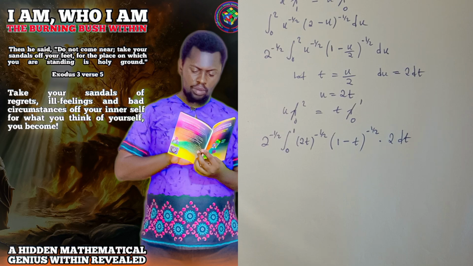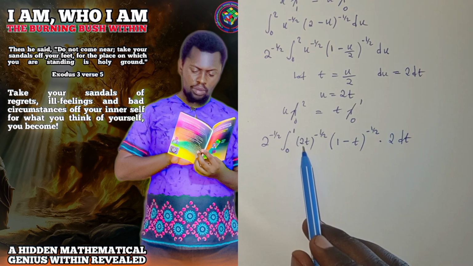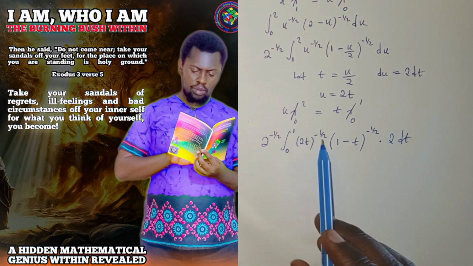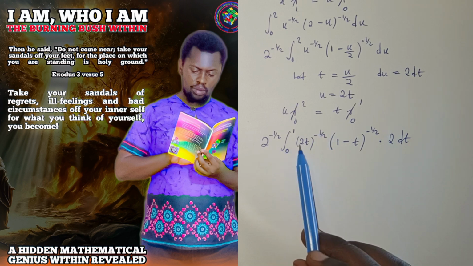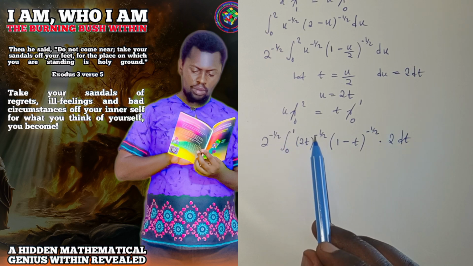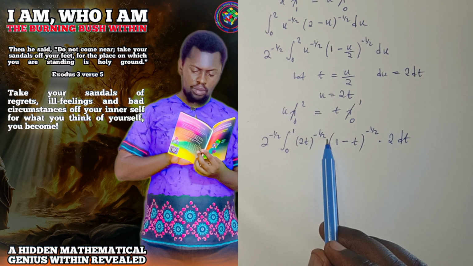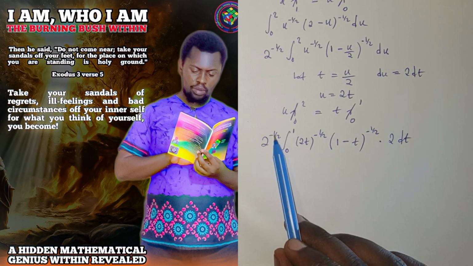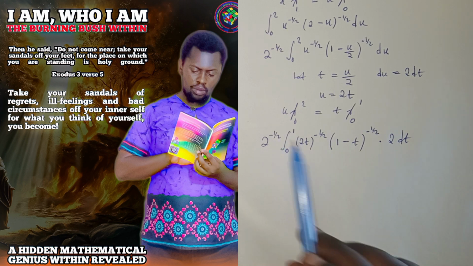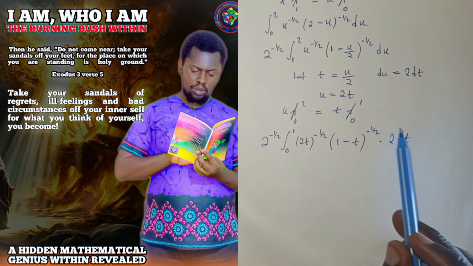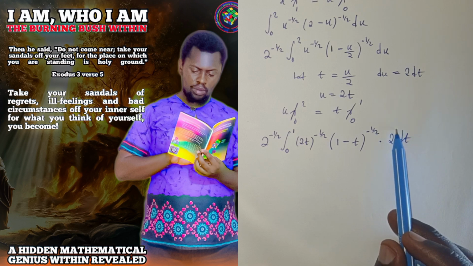First, we need to divide out the constants. Here is a 2 with a power of minus 1 over 2. When you multiply numbers with the same base, you add the powers. So we have minus 1 over 2 minus 1 over 2, which gives minus 1. That is 2 to the power minus 1. And here we have a 2 again with a power of 1, so positive 1.